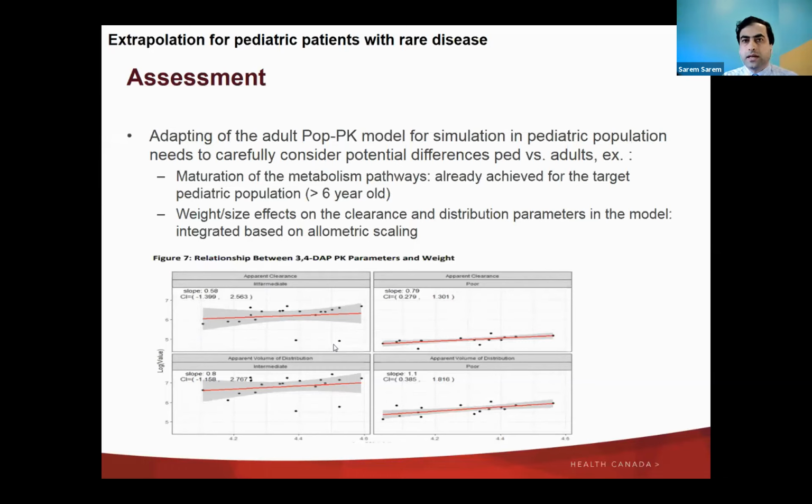And also we need to take the size or the weight effect into account, because we need to simulate for pediatric. The model already included weight using allometric scaling. But even if the model in adults doesn't include that, probably we need to add it to the model.